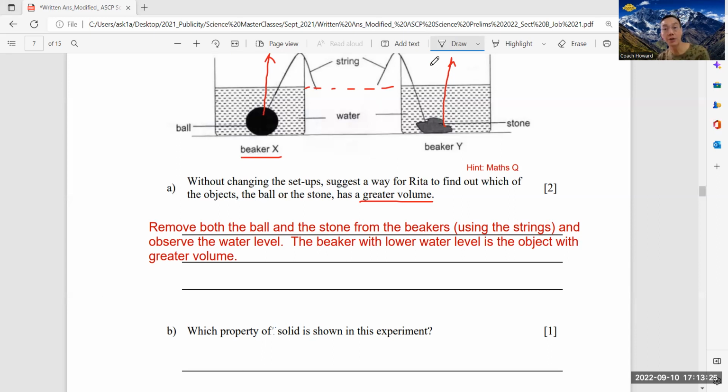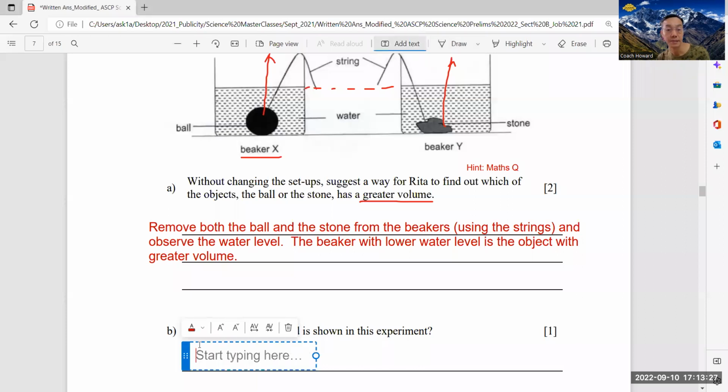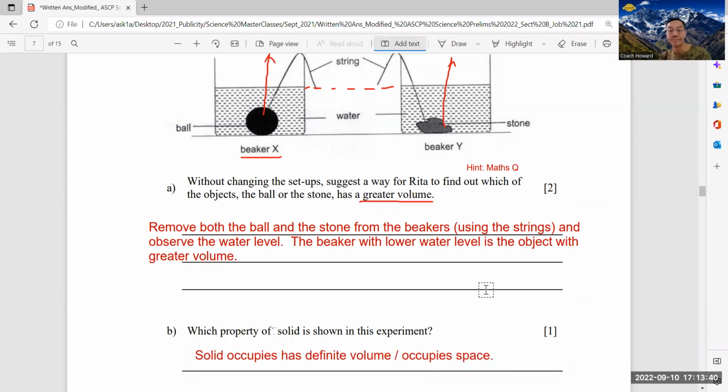Solid occupies space may be better. So we accept both: solid has definite volume or solid occupies space. So both accepted. These two parts.